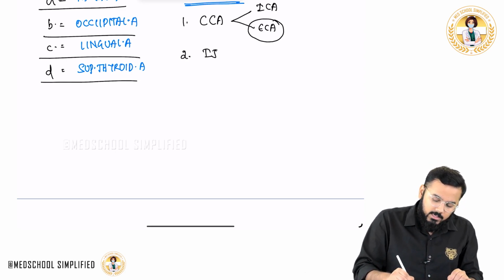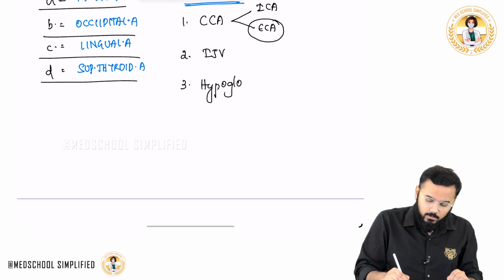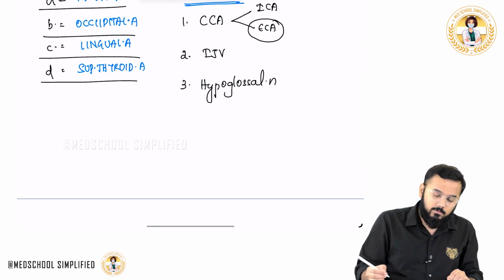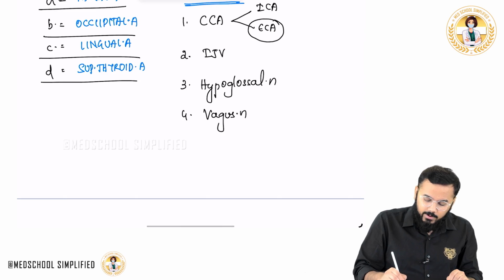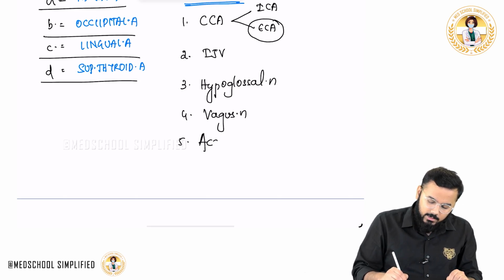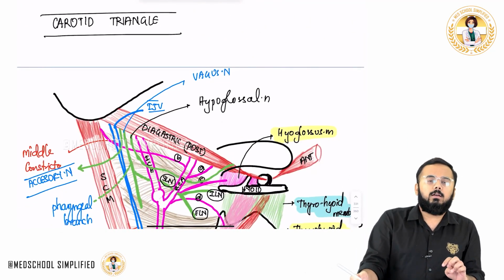Next, the vein you have is the internal jugular vein. Third, the nerve you have is the hypoglossal nerve. Another nerve is the vagus nerve, and finally you have the accessory nerve. So these are the contents of the carotid triangle, guys.